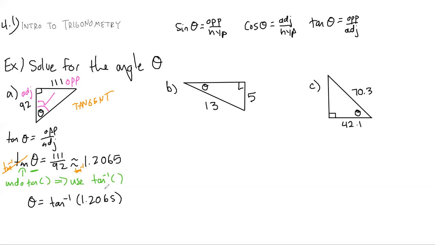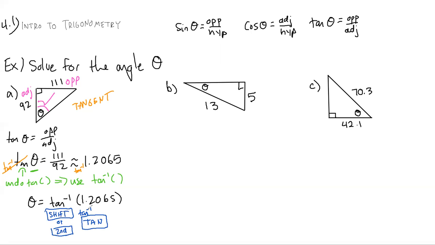As far as punching that in the calculator, typically to get to these inverse functions, you need to use a shift or a second key, depending on what your calculator looks like. And then you'll hit the tan button. You'll find that tan to the -1 is the secondary function of that button.